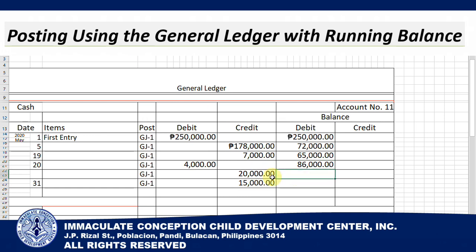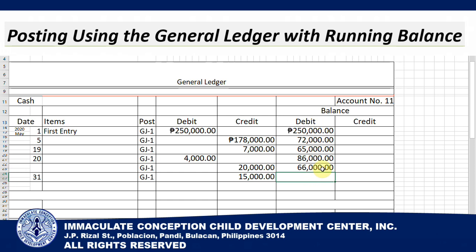Next amount is 20,000 pesos under credit side. So we need to deduct 20,000 pesos from 86,000 pesos. So we have 66,000 pesos. And for our last amount, we have 15,000 pesos under credit side. So we need to deduct 15,000 pesos from 66,000 pesos, and that is 51,000 pesos.